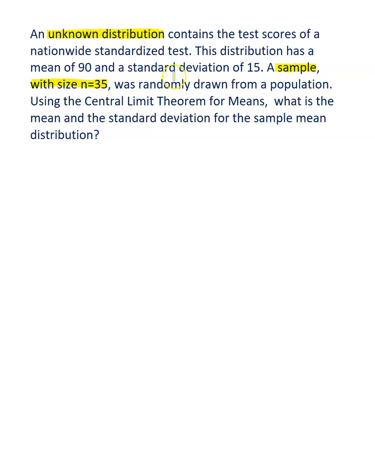Now this unknown distribution has a mean 90 and standard deviation 15. You know that is possible because in fact we did that when we looked at discrete random variables. We just didn't know what distribution it was. We just looked for some items that we checked to see if we can find the mean and the standard deviation, right?